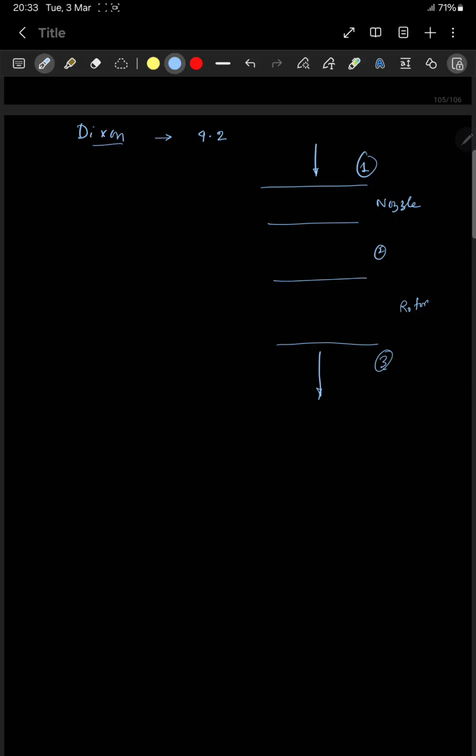Okay, the absolute flow angle at nozzle exit is... this is a single stage gas turbine. So at 2, the diagram would be something of this sort.